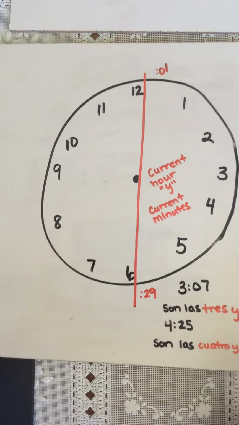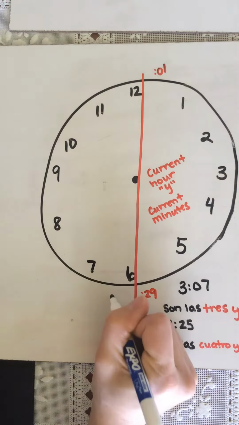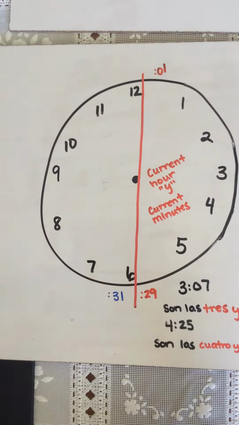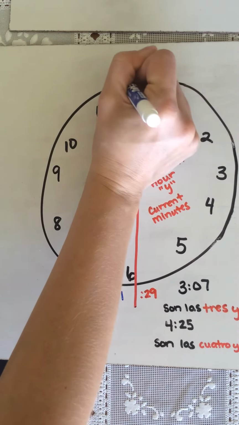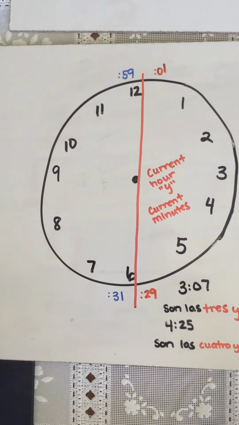If the minute hand is somewhere from 31 through 59, this is where it gets a little bit complicated, a little bit confusing.